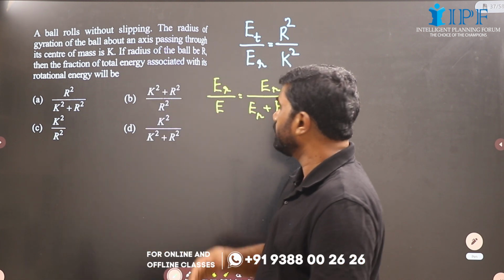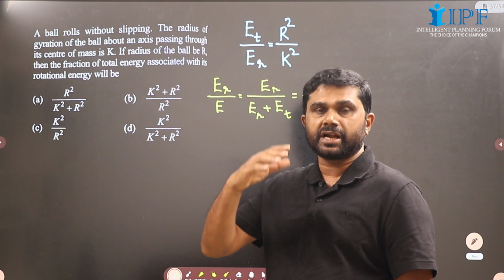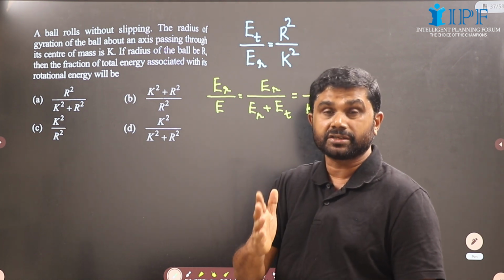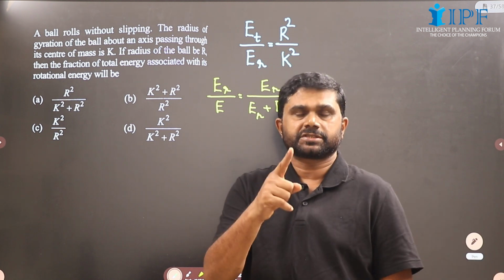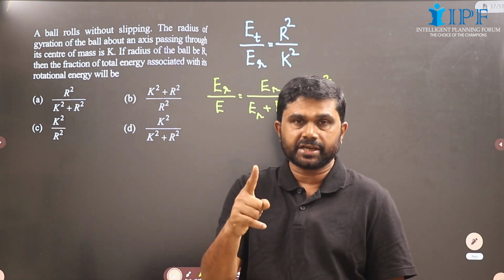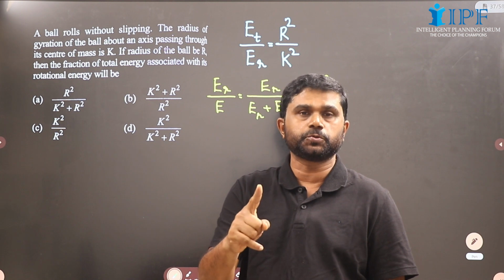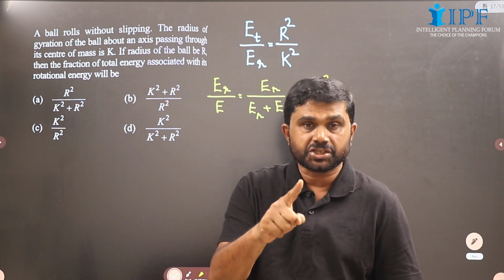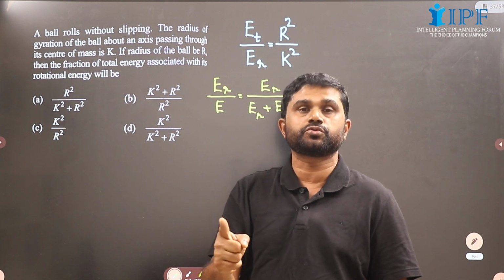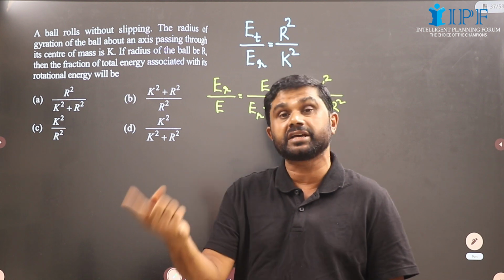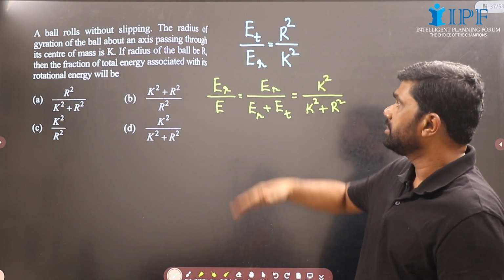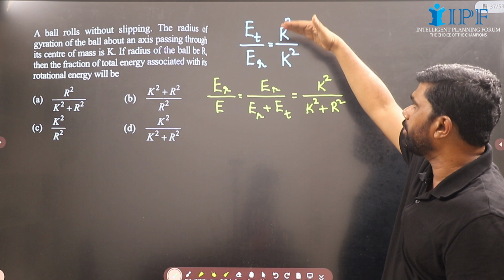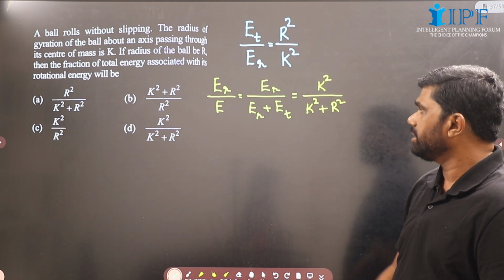See, a rolling body possesses translational kinetic energy half mv square as well as rotational kinetic energy half I omega square. This translational kinetic energy is proportional to the square of the radius, and rotational kinetic energy is proportional to the square of the radius of gyration. So we can write translational energy by rotational energy equal to R square divided by K square. This is the ratio.